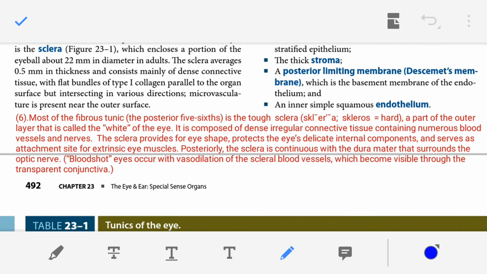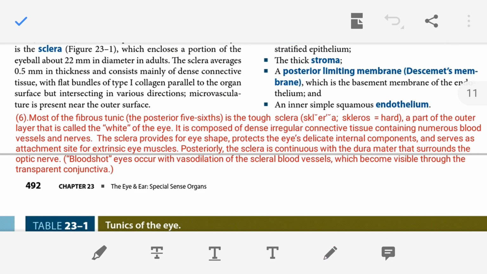What is the sclera made up of? The sclera is composed of dense, irregular connective tissue, and numerous blood vessels and nerves are also present in the sclera.